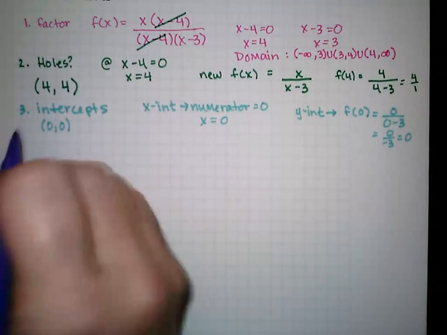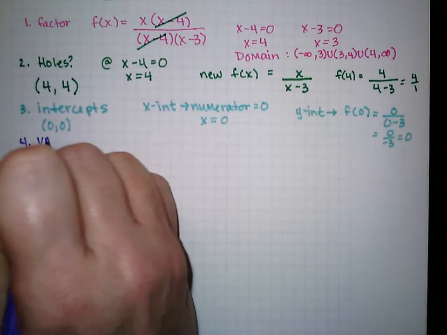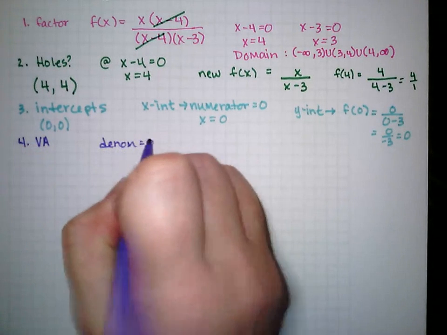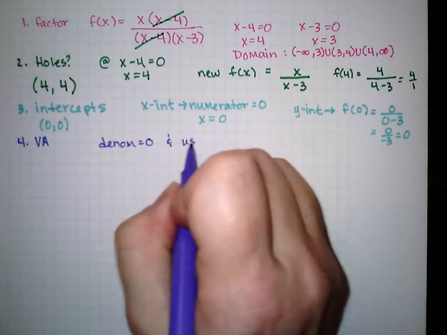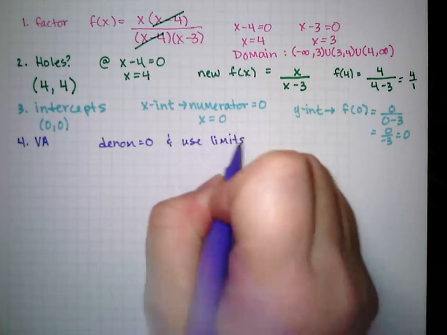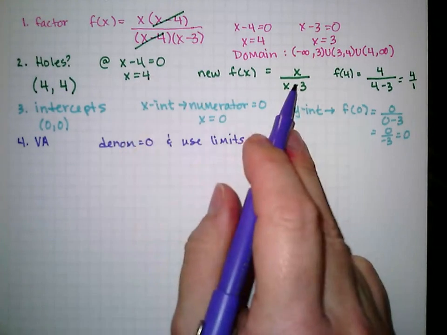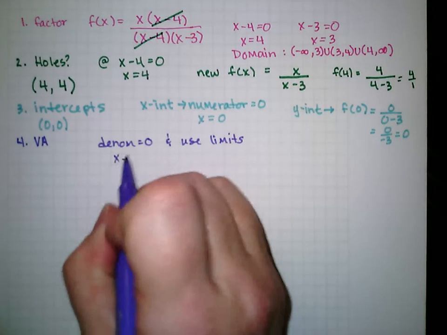So on our function, for the vertical asymptote, we're going to set the denominator equal to 0 and then use limits. Okay. So the denominator on our new function is x minus 3.